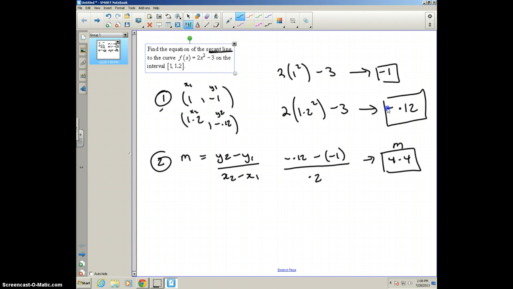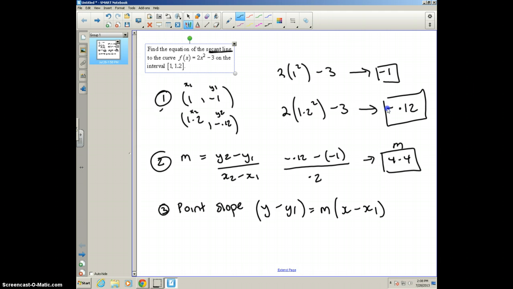Step 3, we have to find our y-intercept. We're going to start with point-slope form. Point-slope form is y minus y1 equals m with x minus x1.